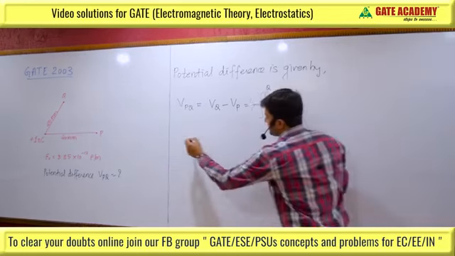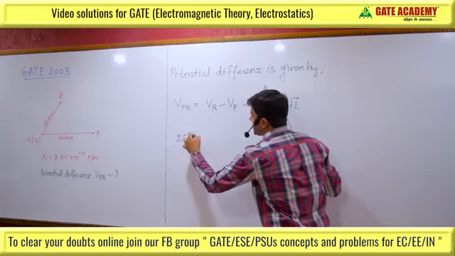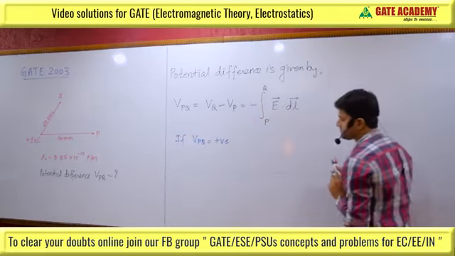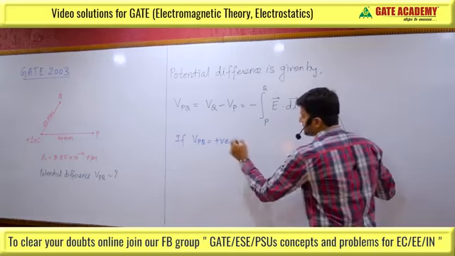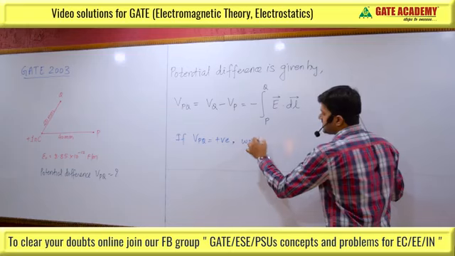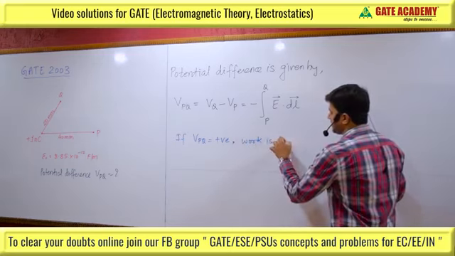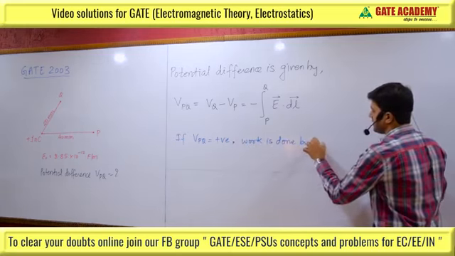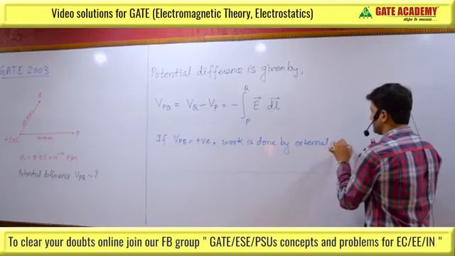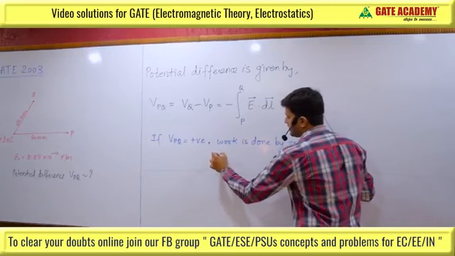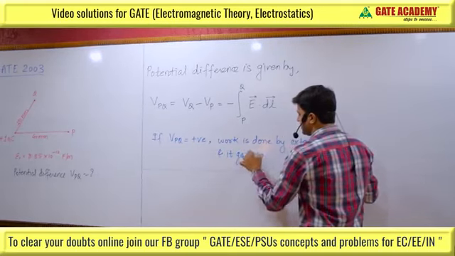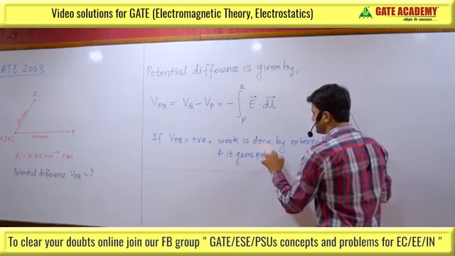Now if this VPQ is positive, it means work is done by an external agent and it gains potential energy.